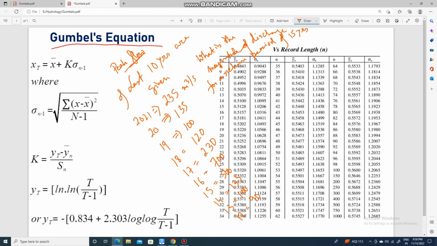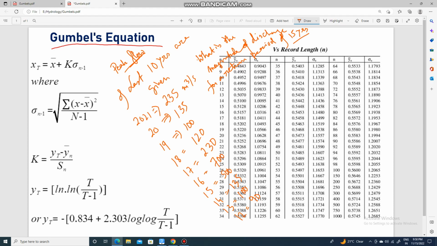So what it wants to know is what will be the magnitude of discharge for a certain event that has a return period of 15 years. Clear? Now, how to solve this problem?